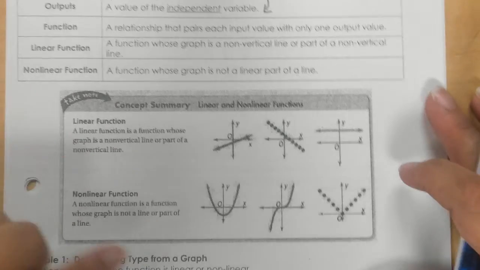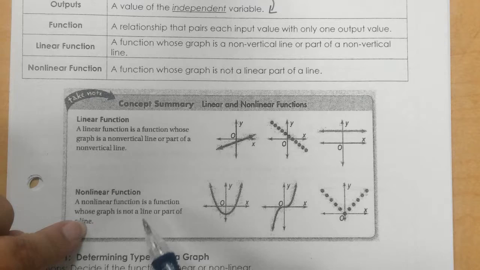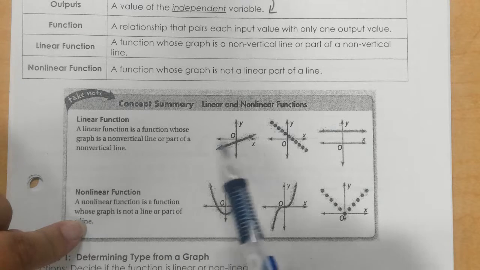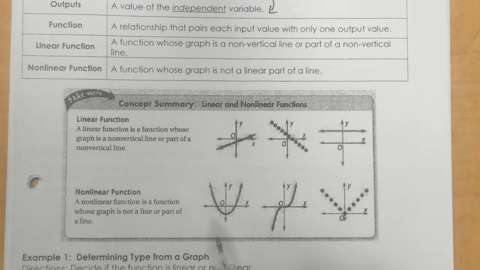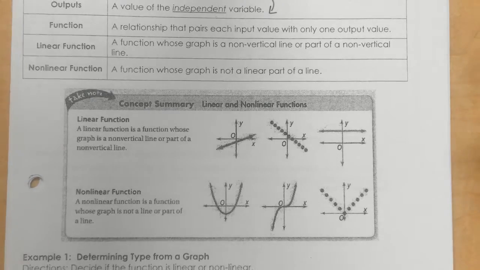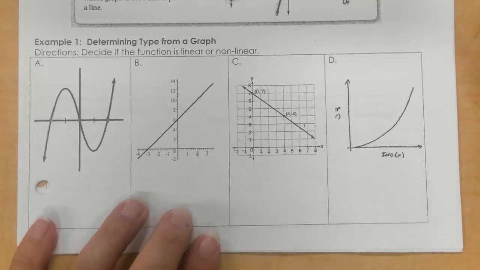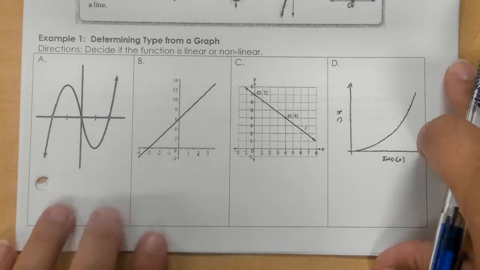And here in this chart, we gave you examples of what linear and nonlinear are. So linear would be your straight lines. So here's some examples. Nonlinear would be curves, or in this case, like a V shape, but basically not a straight line. Okay. So if I look at these 4 examples here, I want to know which ones are linear, which ones are nonlinear.